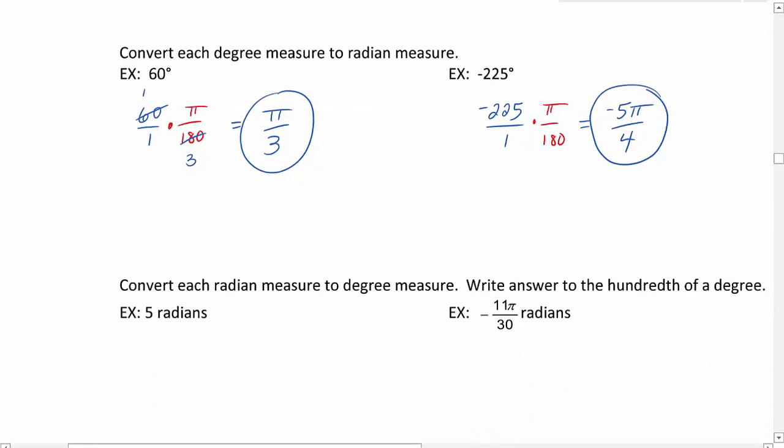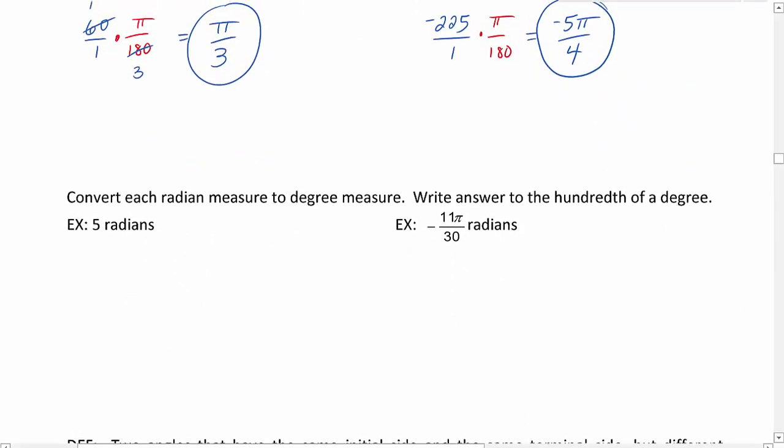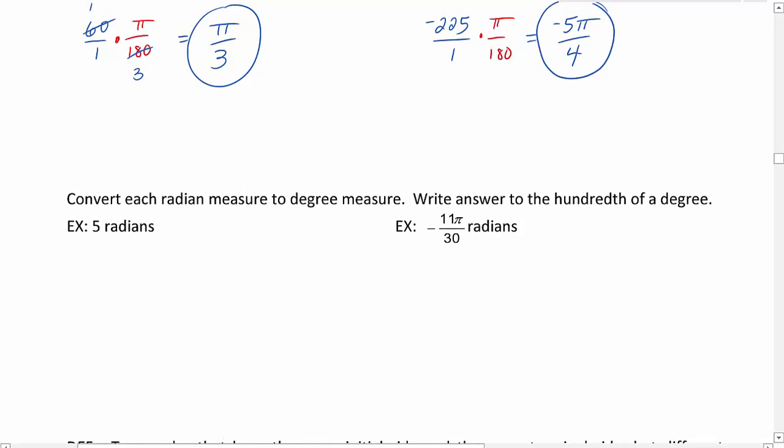Now let's go the other direction. Let's convert each radian measure to degree measure. You'll notice that the directions say write each answer to the nearest hundredth of a degree. It's very possible, because we'll be dividing by pi, that we get a decimal.